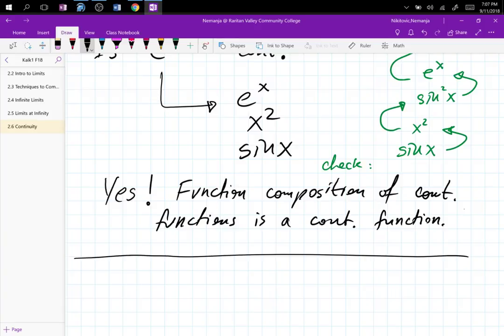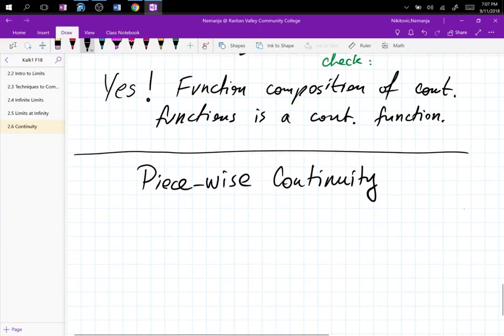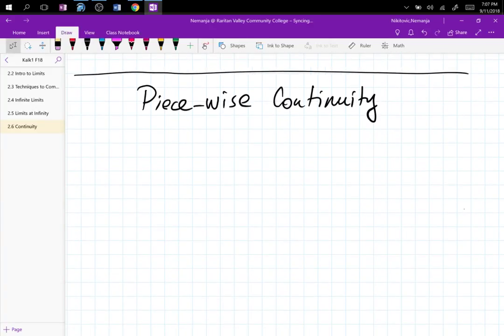So, piecewise continuity. Simply, your function is in pieces, and then each piece is continuous on a certain interval, and you're done.